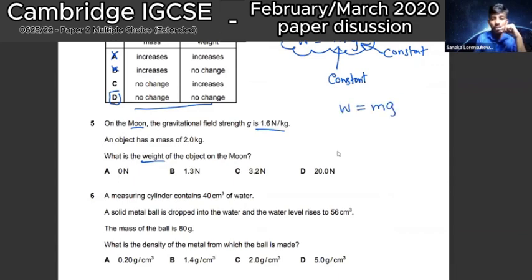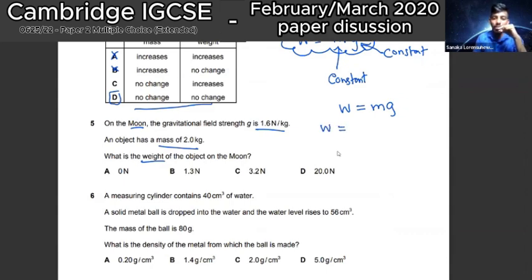Field strength is given as 1.6. It means g is 1.6. And mass is also given. Mass is 2 kg. Then very easy.